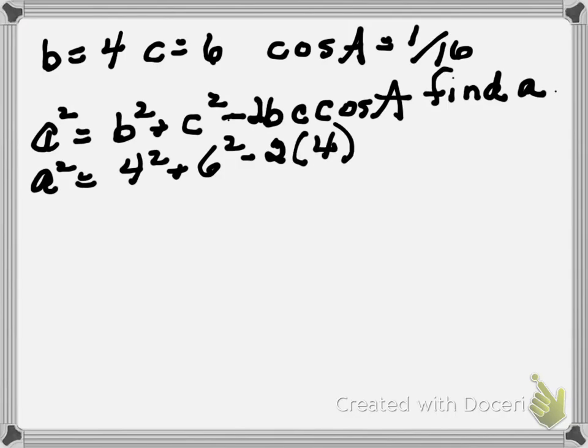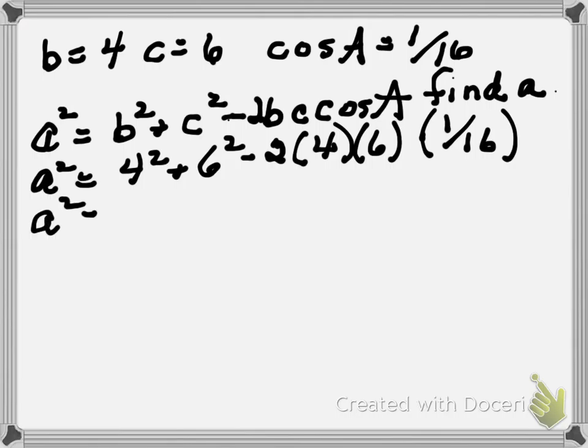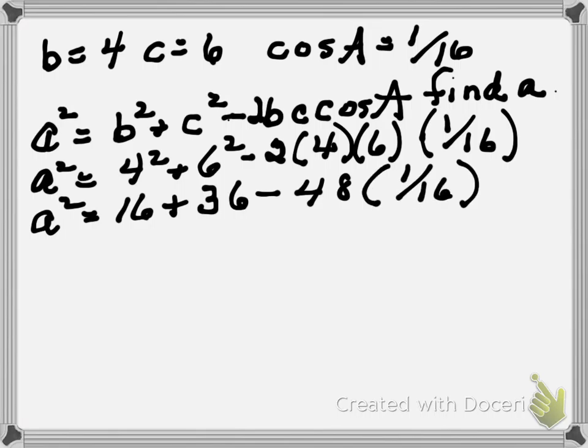A squared equals 4 squared plus 6 squared minus, whoops, this is 2, left that out, minus 2 times B times C times the cosine of A, which is given to be 1/16. A squared equals 16 plus 36 minus 48 times 1/16.